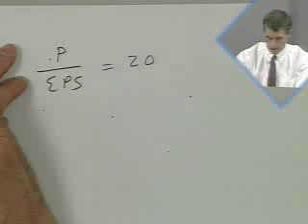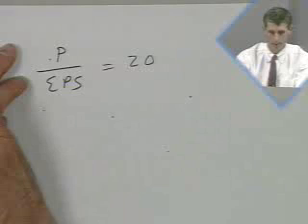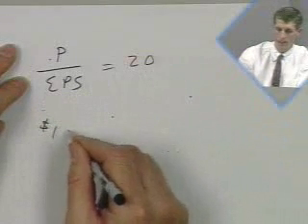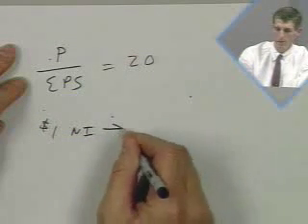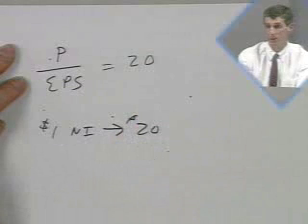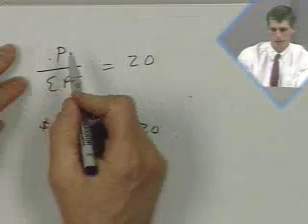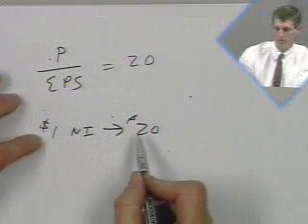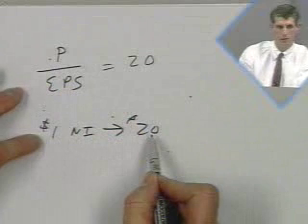It's what they use to value a firm. That's true. What this means is that $1 of net income generates $20 of value in today's terms. As simple as that, right? So the PE ratio is 20, price divided by earnings per share. It means that $1 of net income generates $20 worth of value in terms of the common stock.